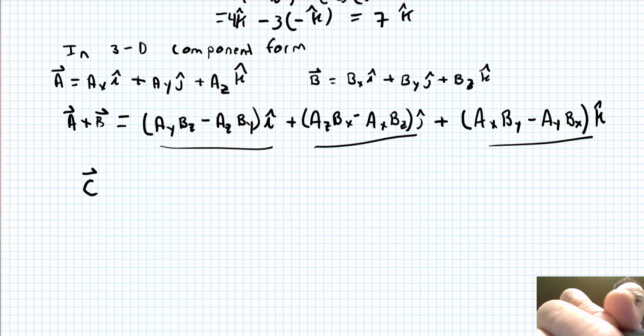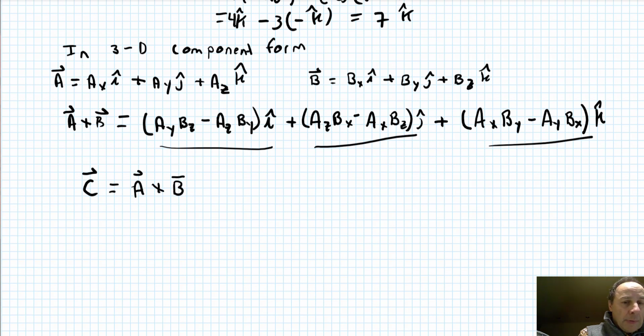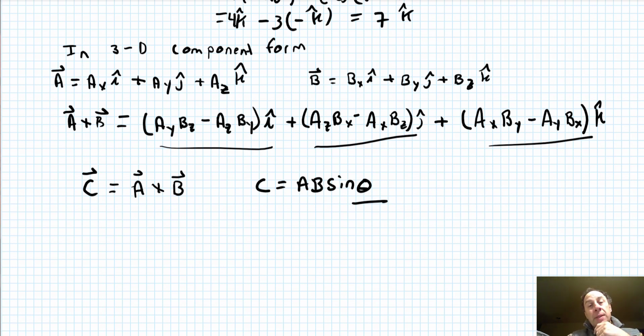C equals A cross B. And the magnitude C equals AB sine theta. Okay, so sometimes you might be asked to find theta. If you were asked that, that means you need to find the magnitude. Somehow you have to have the magnitude of C and the magnitude of the two vectors that are crossed, and then you can find the angle in between. Okay, so that's all that goes on with that.